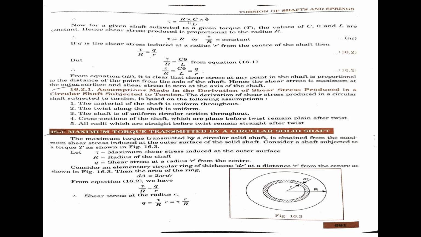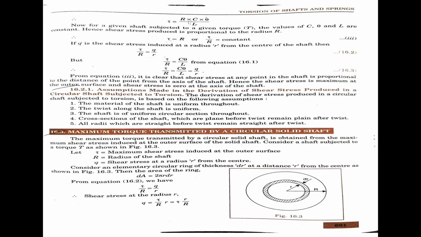The area of the ring, the formula for a small dA, equals 2 pi r dr. From equation 16.2 we have tau by R equal to q by r.